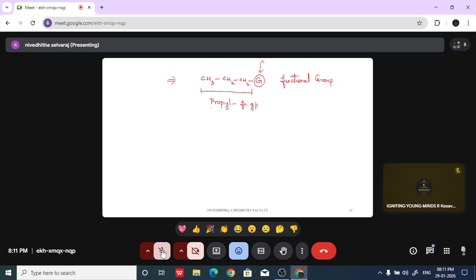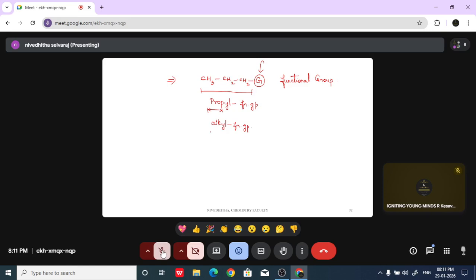Generally, what does this 'prop' represent? The number of carbon atoms, right? Instead of this 'prop', generally I can write it as 'alk'. So this is alk, and from that alkane I've removed one hydrogen, so it is an alkyl group. This alkyl group is attached to a functional group.